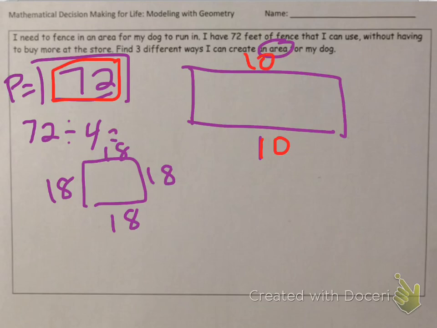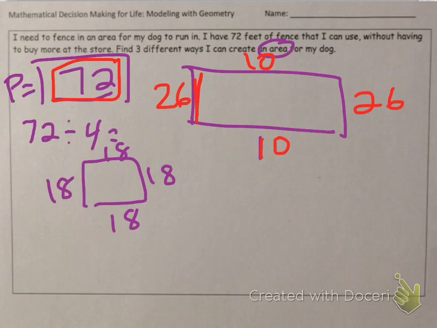Well, that would be 20 taken out of the 72. So I could do 72 minus 20 on my calculator. That would give me 52 feet of fence left for 2 sides. So I could take the 52 and divide it by 2, which would give me 26 and 26. Now my picture is not correct on this because 26 should be longer than the 10. But again, I was just sketching it.